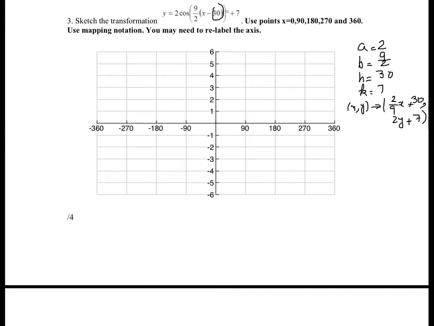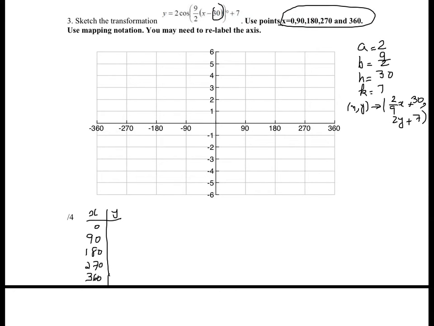Now we are going to show the transformation of the table of values for these points for the base function. The base function is y is equal to cos x. So our table of values becomes 0, 90, 180, 270, and 360.